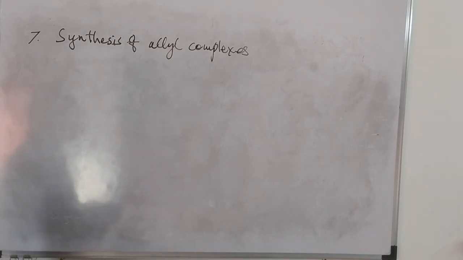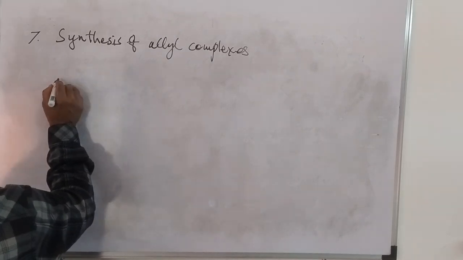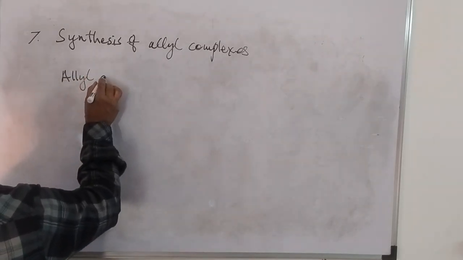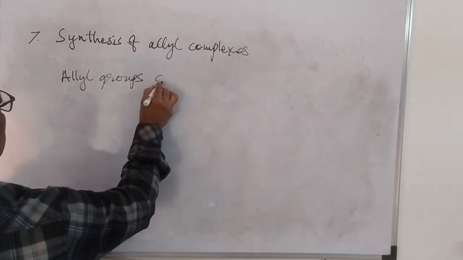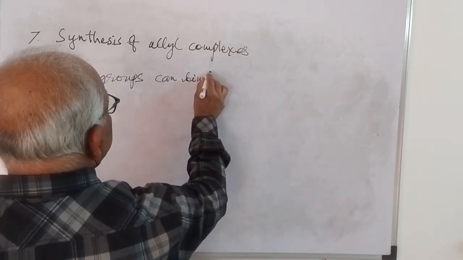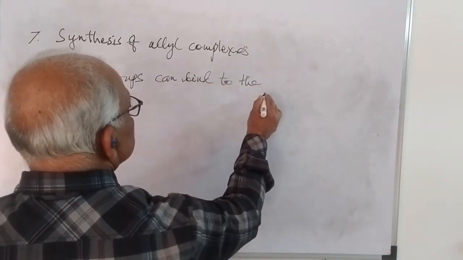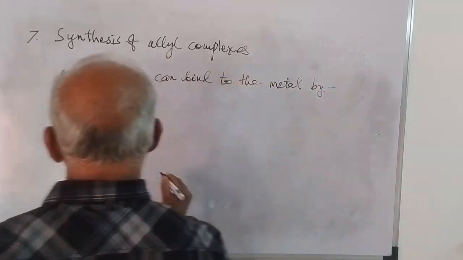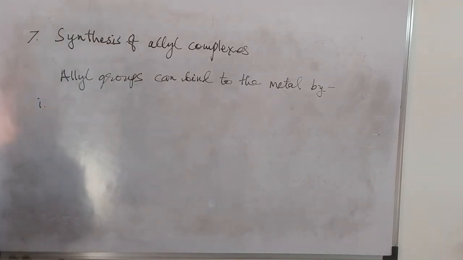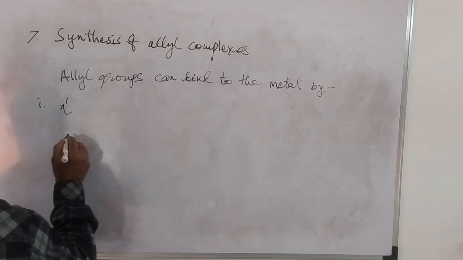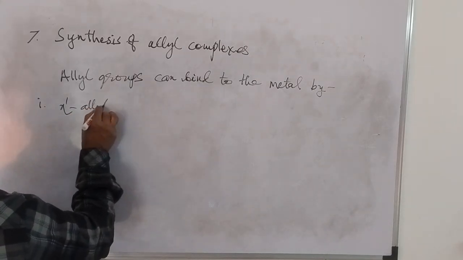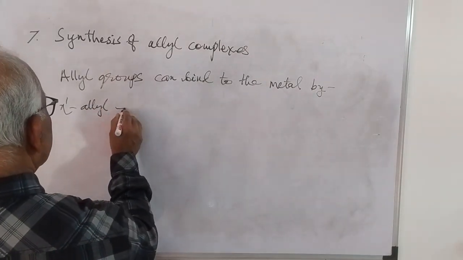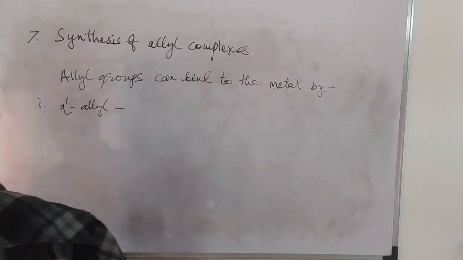Allyl groups can bind to a metal in two ways. One is using only one point of attachment, that is eta 1 allyl. For this purpose there is sigma bond formation.